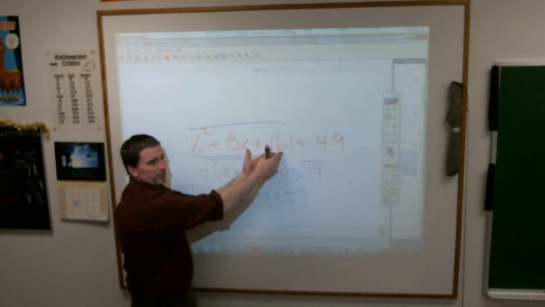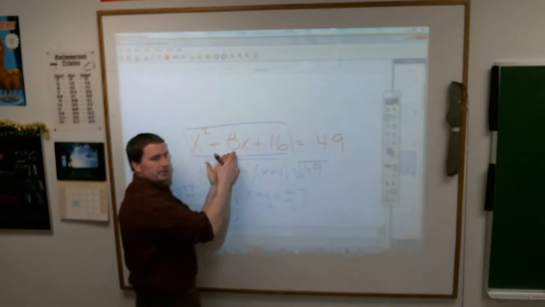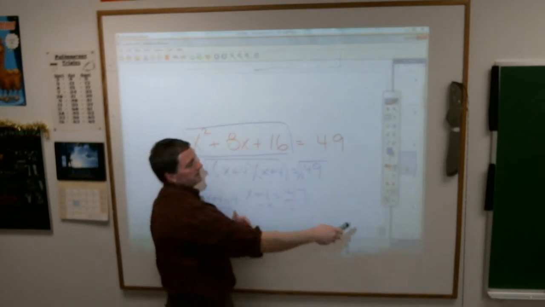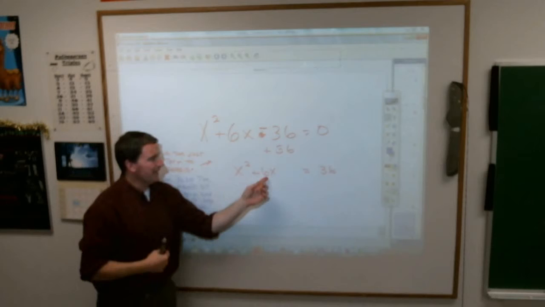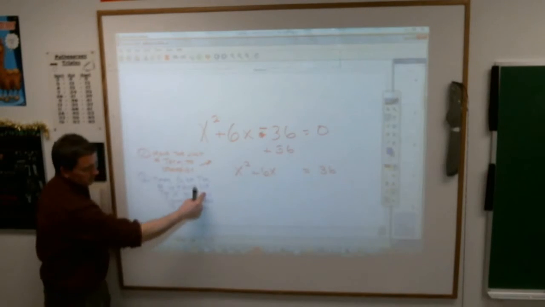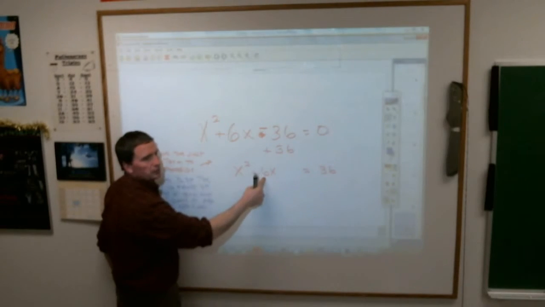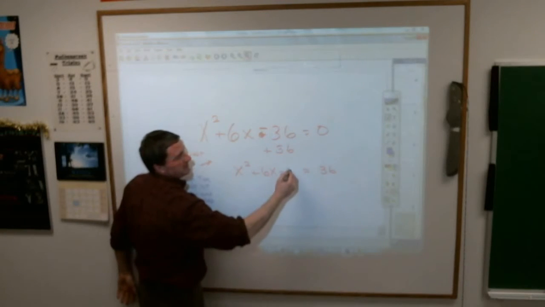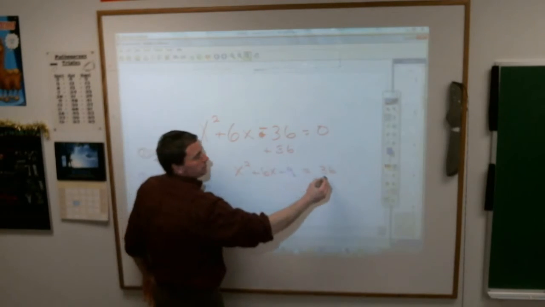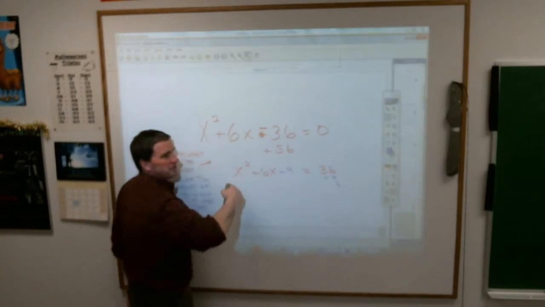This 16 worked out because that was half of 8. Half of 8 is 4, 4 times 4 is 16. Down here, I need to take half of the x term, which is half of 6 is 3, then square it, which is 9, and I add that to both sides because I can't just add it to one.